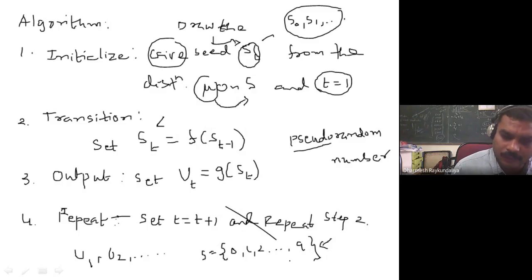So you can generate a sequence of random numbers. Suppose first you get 1, then it gives 0, then it may give 9, then 7, 6. We don't know. This is generating the sequence of random numbers. But again, whether the generation of random numbers is with replacement or without replacement, that is another story.